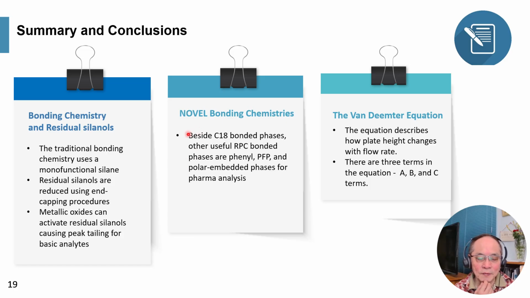Second one is novel bonding chemistry. Besides C18 bonding phases, other useful reverse phase bonding phases are phenyl, PFP, and polar embedded phases for pharmaceutical analysis or other applications. The Van Deemter equation describes the theoretical plate height changes with flow rate or linear flow. There are 3 terms: A, B, and C terms.